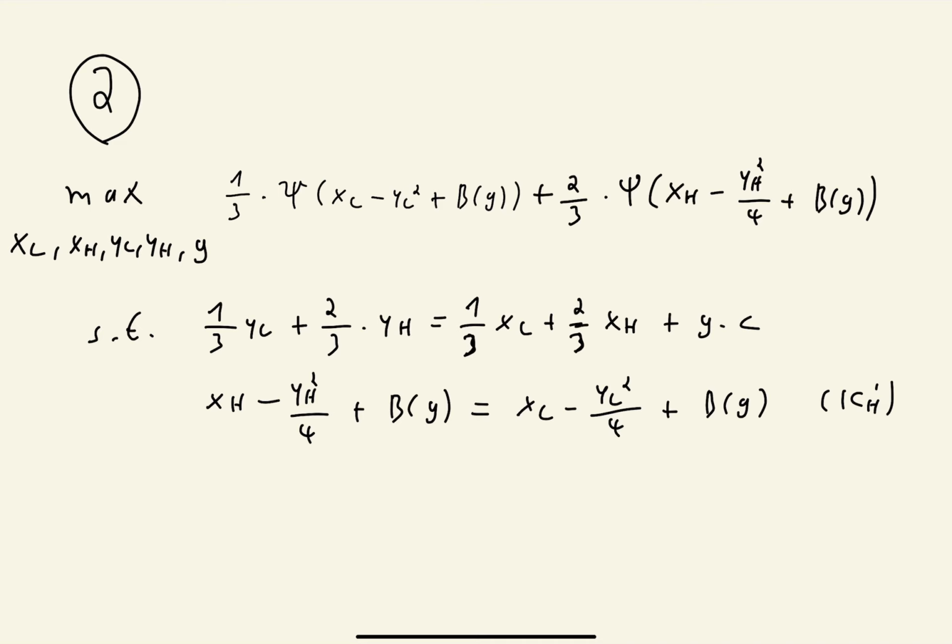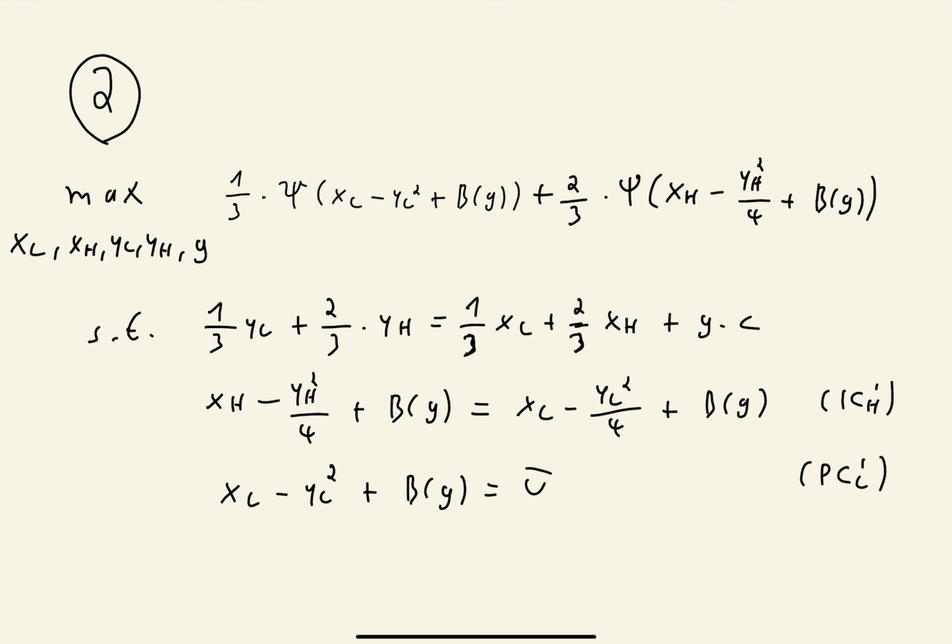Then we had a participation constraint for the low type, which was saying that XL minus YL to the power of 2 plus B of G must be equal to the outside utility that the low type is getting. So this is the participation constraint for the low type prime.